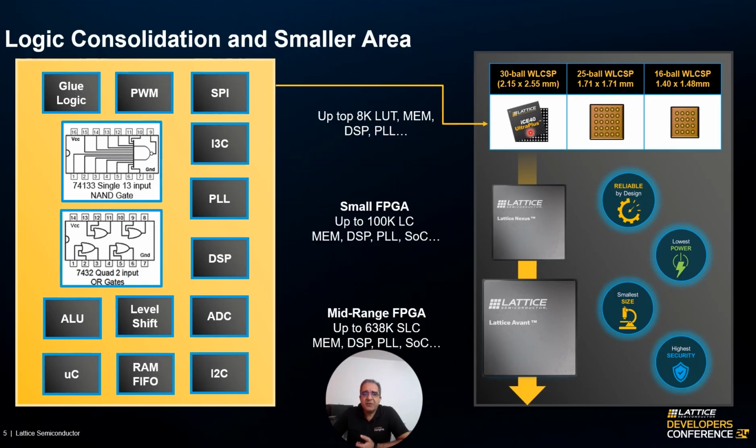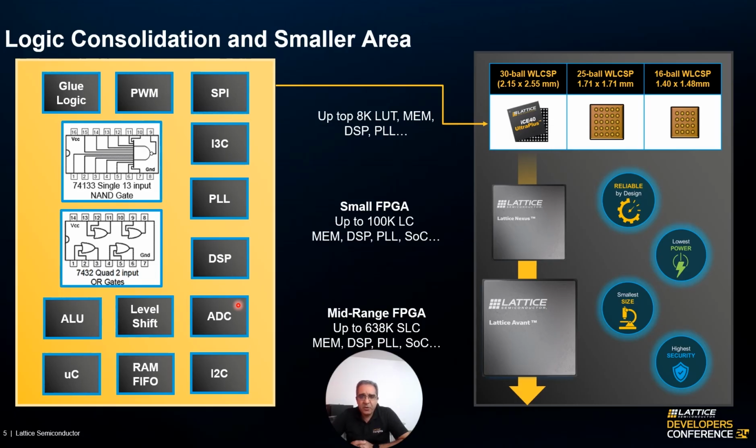The ICE40, for instance, the ICE40 Ultra Plus, which is a 2.1 by 2.5 millimeter device, usually used for consumer type of application, but it can integrate all these components or multiple of these components in one device. And we're talking about 8K lookup table. We're going to see what is lookup table later on, but this tiny device, which falls in the small density FPGA, can implement multiple of these devices.